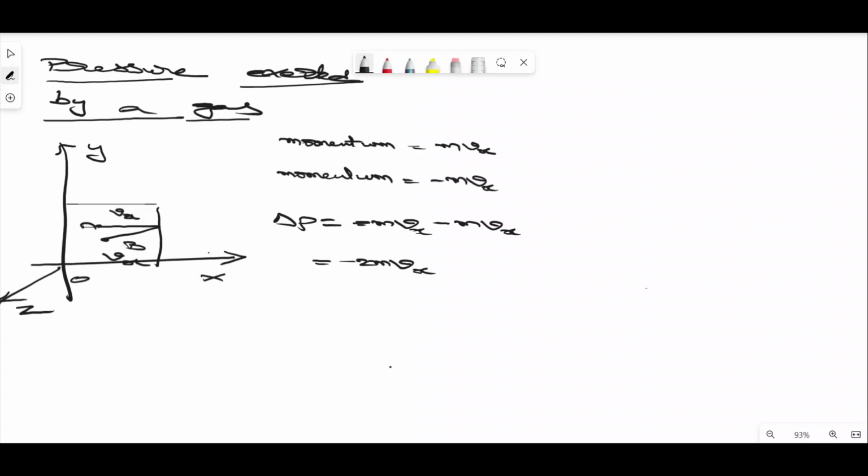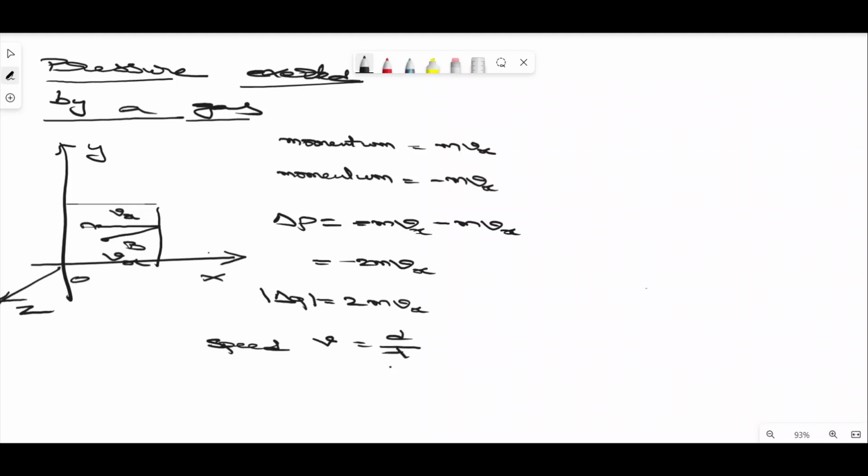This represents the change in momentum for this gas molecule when it has collided with the wall. So when we consider the magnitude, mod of delta p equals 2 m v suffix x.